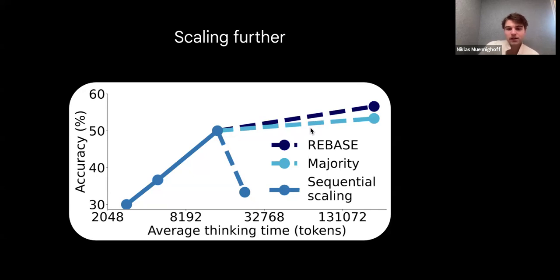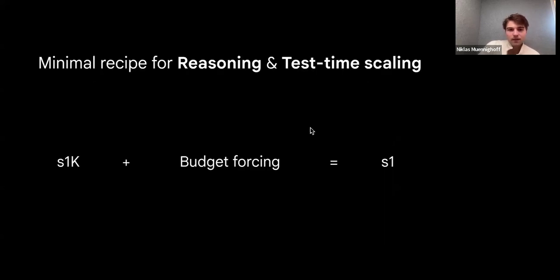How do we get this to scale more? To briefly recap what we covered, we started out with a high-level goal of getting models that are really good at reasoning and test time scaling, and thinking about what is the minimal, simplest recipe to get there. I see this as a really great baseline as well for getting there, improving further in the future.